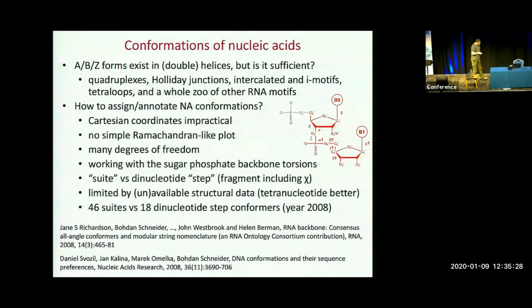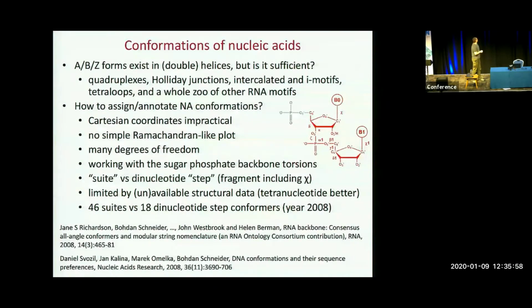Because of the insufficient number of structures, we have to work with something we call a STEP, which is nearly a dinucleotide. It's actually missing the first phosphate. Around 2008, the world was still kind of divided into RNA world and DNA world.